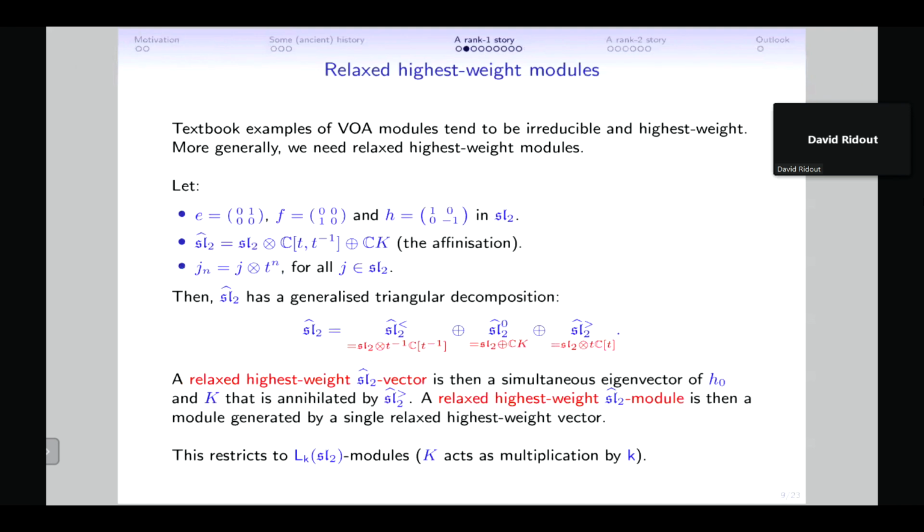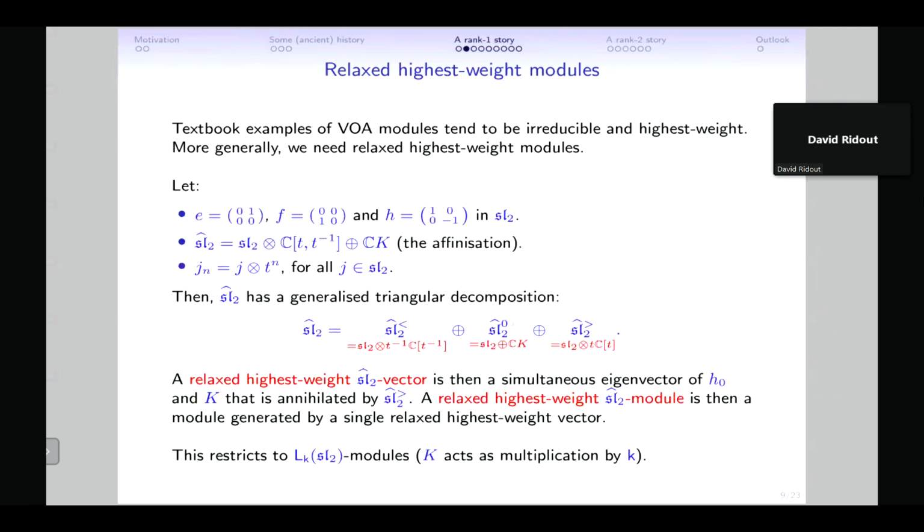So let's start with the relaxed highest weight modules. So I don't know if these are your favorite generators of SL2 or not. I hope they are, E, F, and H. And the affine algebra, you all know, you tensor with polynomials and centrally extend. And this affine algebra has what we might call a generalized triangular decomposition.